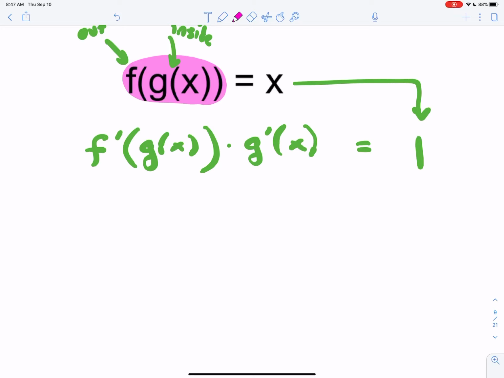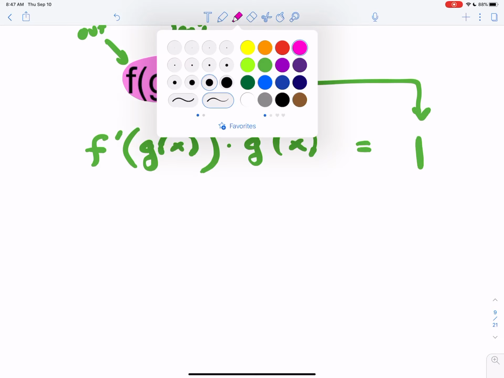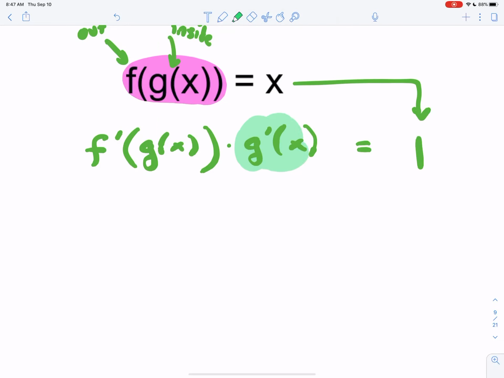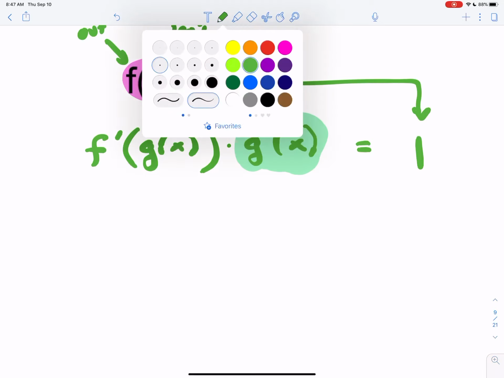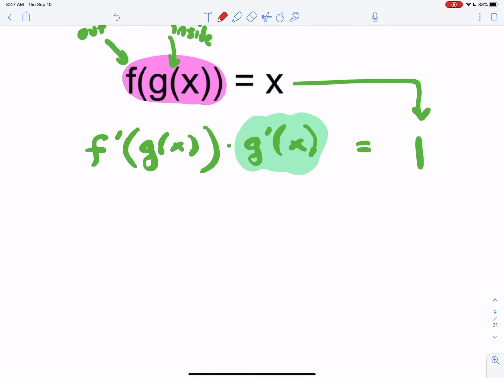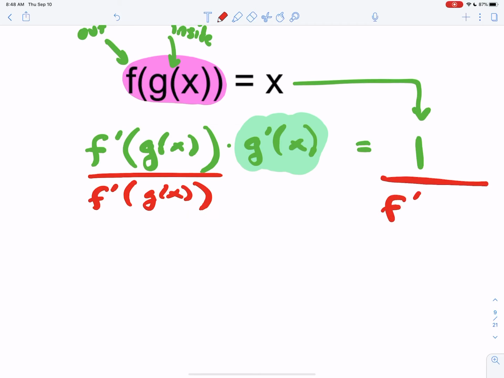The derivative of the inverse function is this. Okay, so if I'm curious about the derivative of an inverse, I'm going to do my best to isolate it. So what I'm going to do here is I'm going to go ahead and move this guy over to the other side.